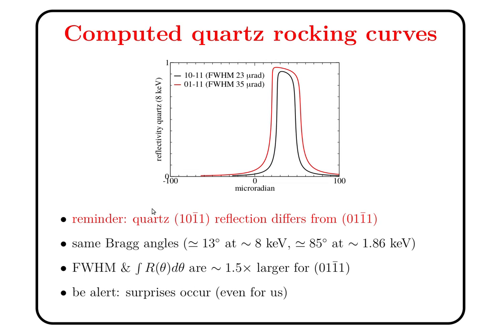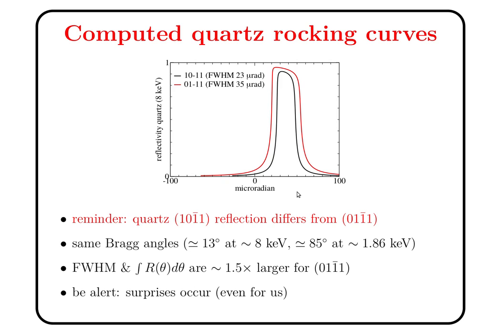I want to emphasize, want to remind you something that you all know, and if not you should have known, as we should have known as well, that the reflection of this particular kind of quartz differs from this particular kind of quartz. And you see here the working curves as computed by a very handy website, the X-ray server, by Stepanov.